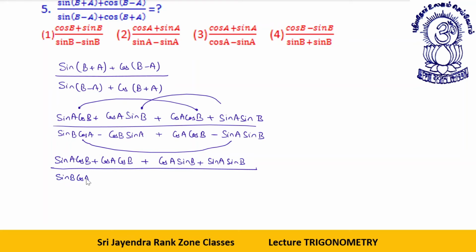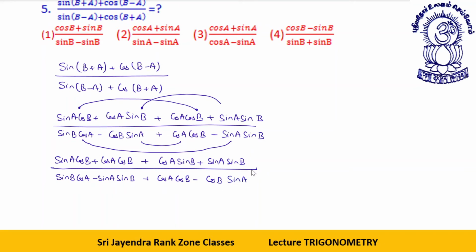Sin B cos A minus sin A sin B, and these two also I'll club, plus cos A cos B minus cos B sin A.